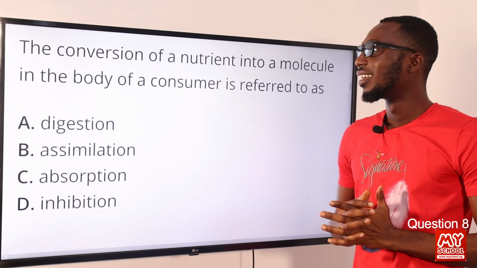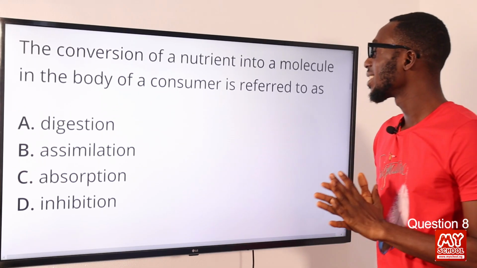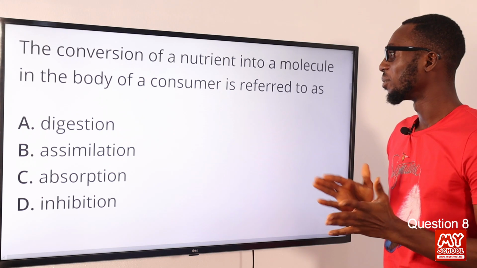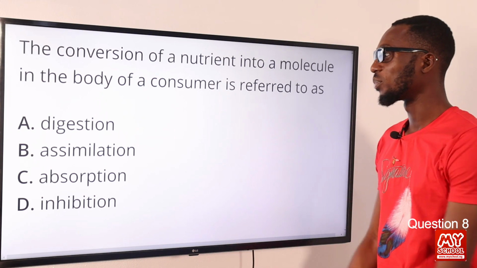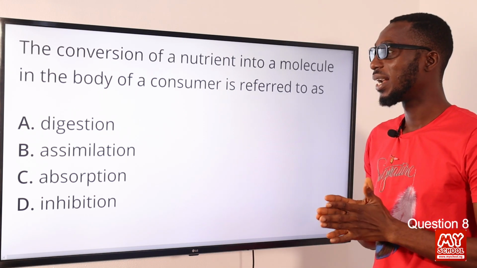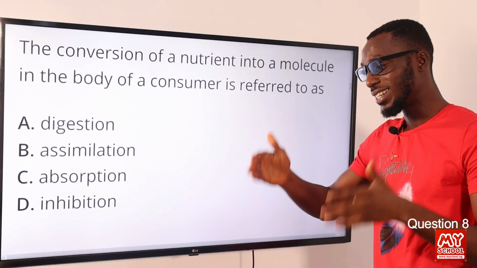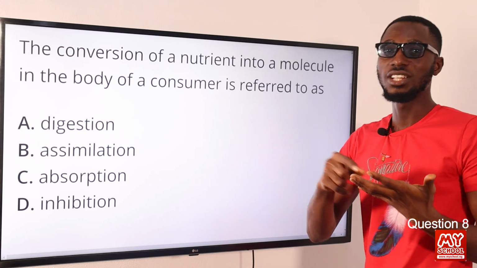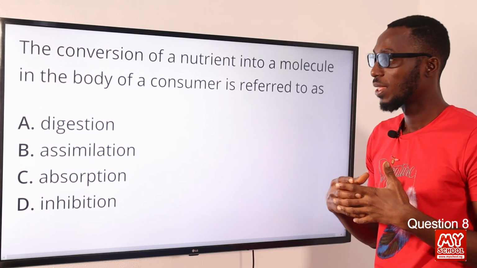Question 8. The conversion of a nutrient into a molecule in the body of a consumer is referred to as what? When we're looking at a consumer, we're talking about a heterotroph. Generally, in the digestion channel, we are looking at ingestion, that is the taking in of food substance.